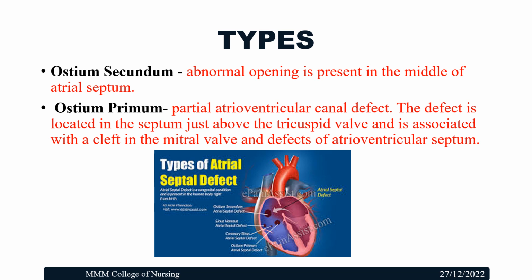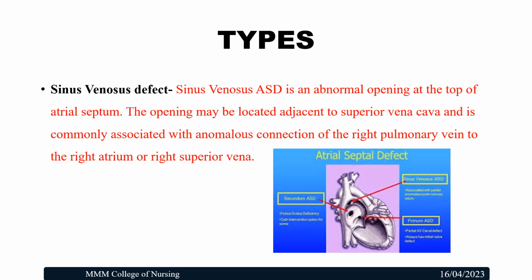That is, the defect is located in the septum just above the tricuspid valve and it is associated with a cleft in the mitral valve. And you can see the defect of the atrioventricular septum. Next, the sinus venosus defect. Sinus venosus ASD is an abnormal opening at the top of the atrial septum.